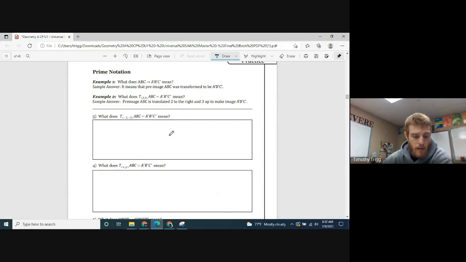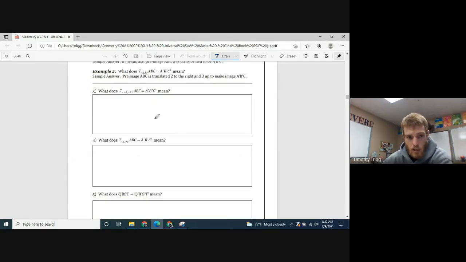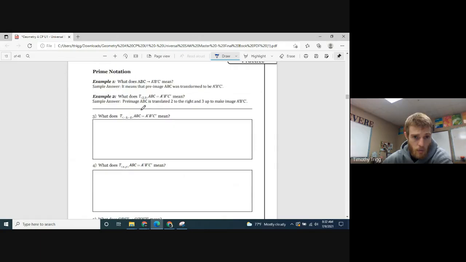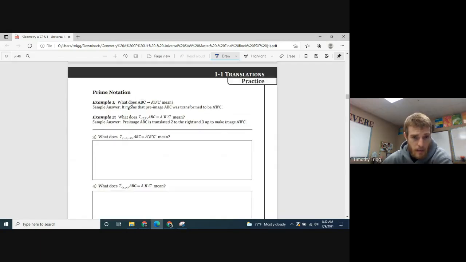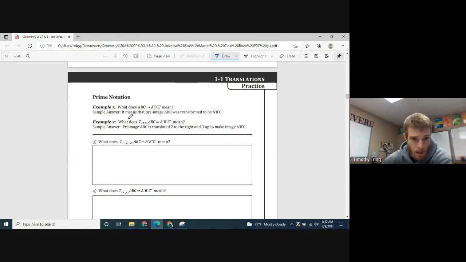Now let's talk about some of the notation we're going to see. Do you see where this has an example, with a T and then a subscript with these little less than, greater than symbols, and then 2, 3, ABC equals A prime, B prime, C prime? What does this mean?